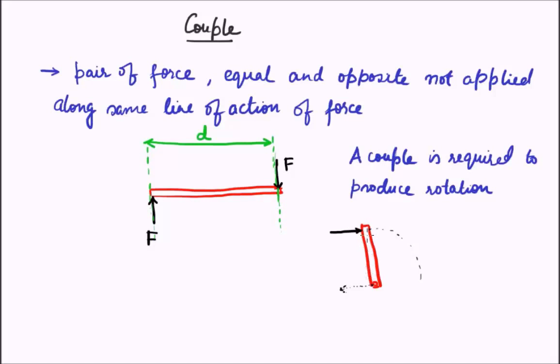So we can see from this example that we actually do need a couple to produce rotation, else the rotation will not be there. I think this gives a better picture.